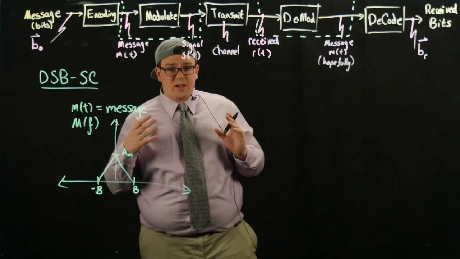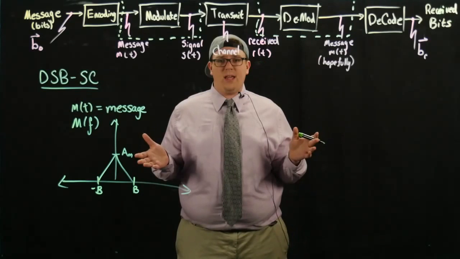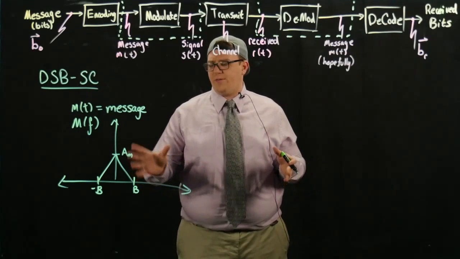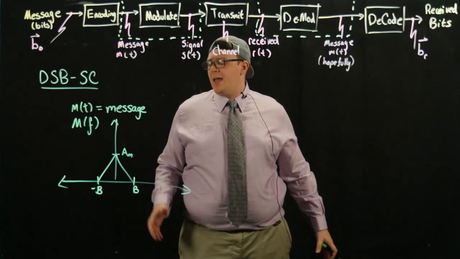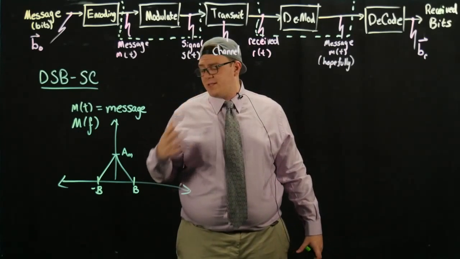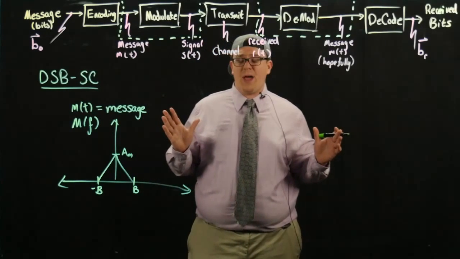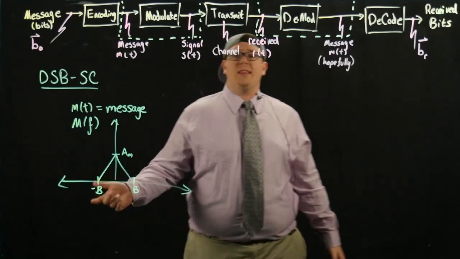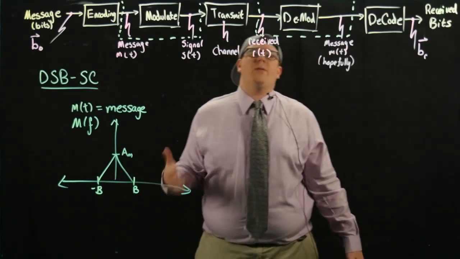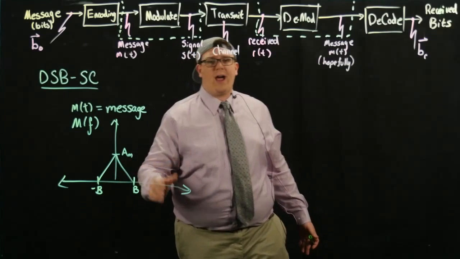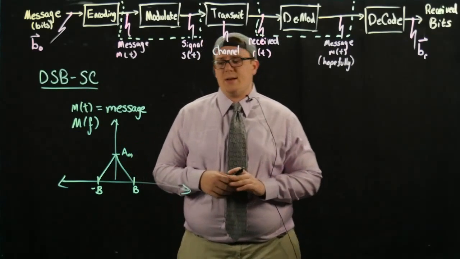The government or whomever is giving out the allotments for where your message has to be and how big it can be tells you how much frequency band you can take up. They won't tell you that it's 2B, but you can figure out that it'll be at least 2B. We're making that assumption.